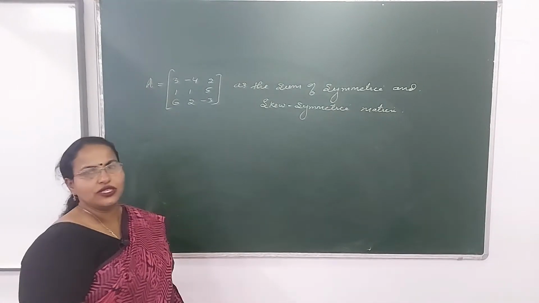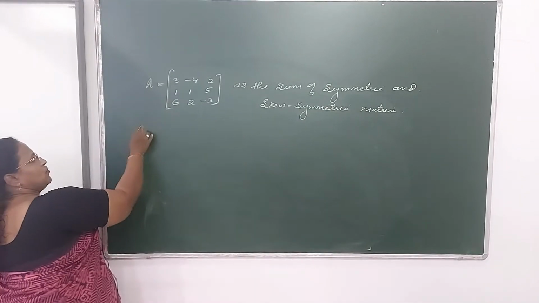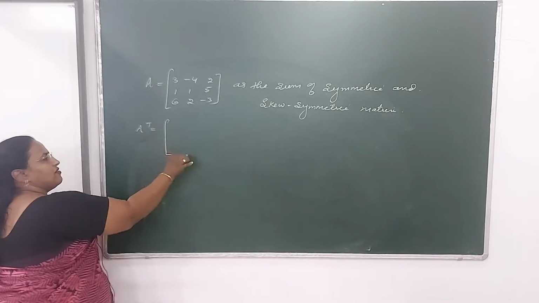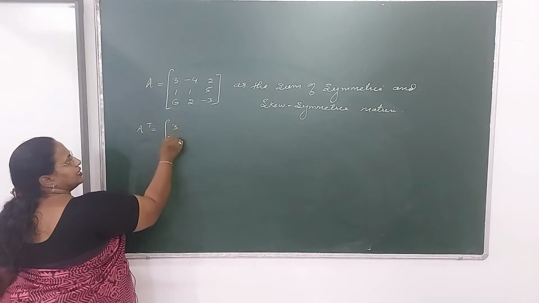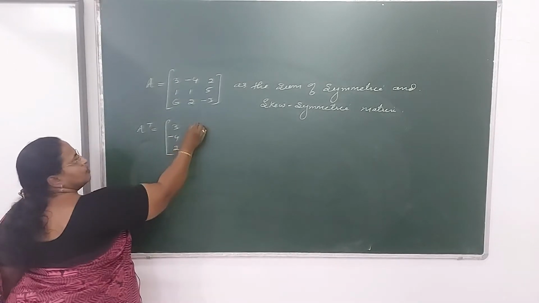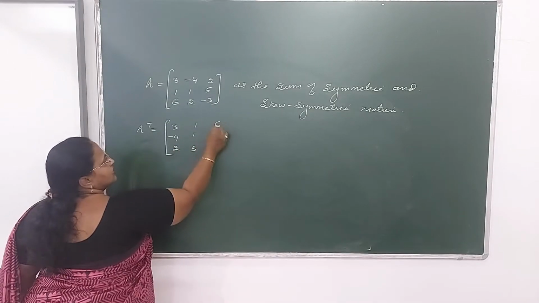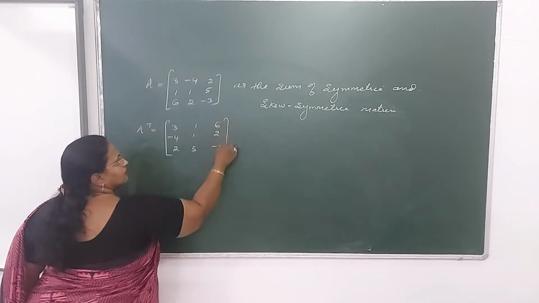Okay, see the procedure. First of all, we'll find out the transpose of the given matrix. So what will be A transpose? It is 3, -4, 2, 1, 1, 5, 6, 2, -3.